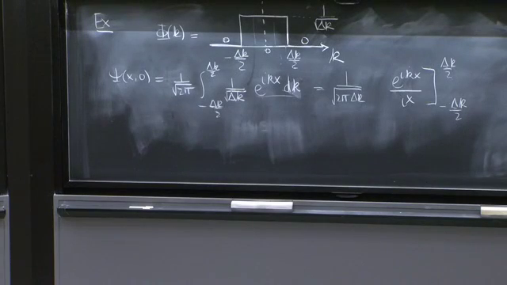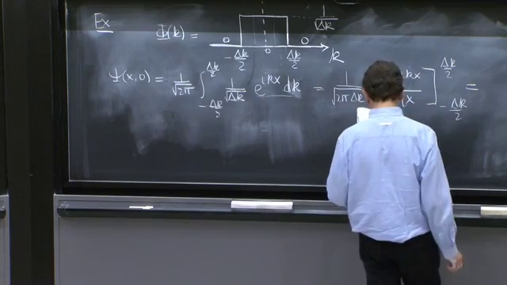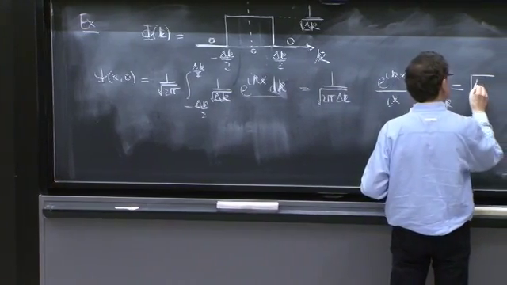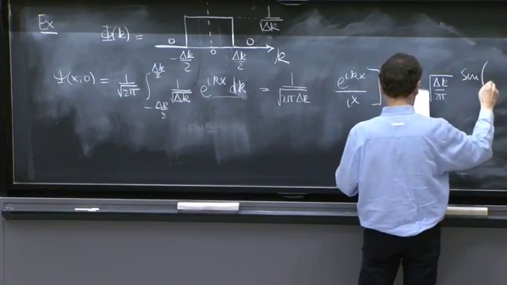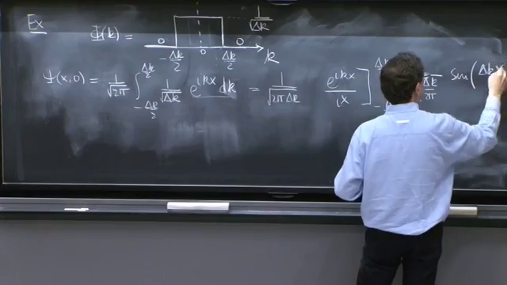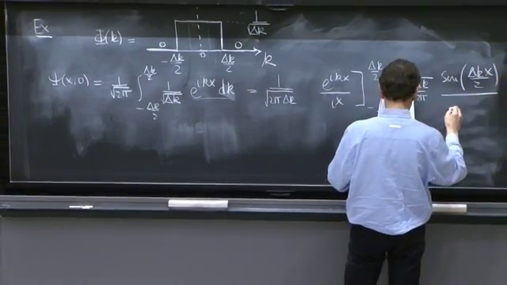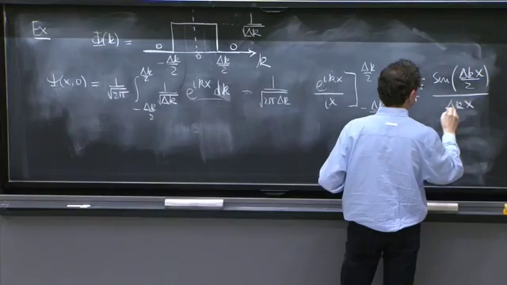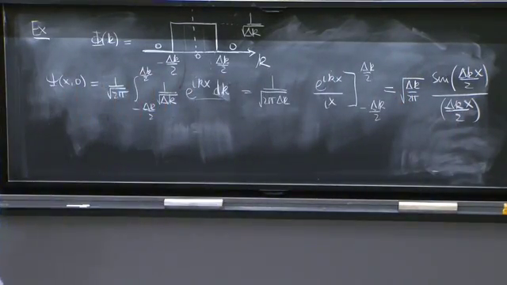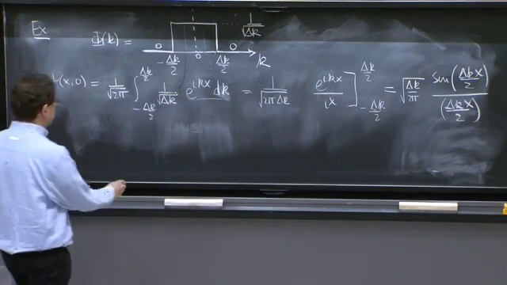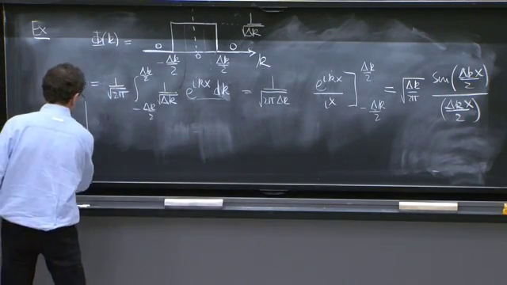Okay, a little simplification gives the final answer. It's delta k over 2 pi, sine of delta k x over 2, over delta k x over 2. So it's a sine of x over x type function. It's a familiar looking curve.